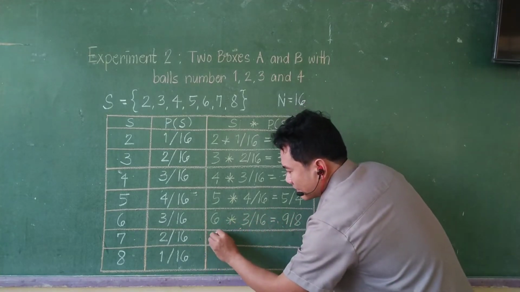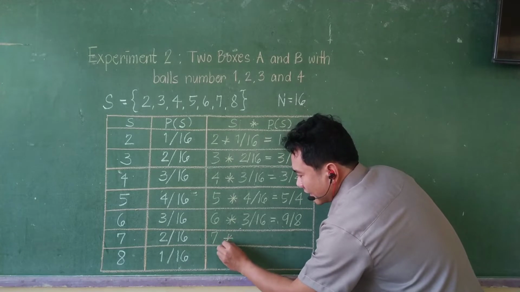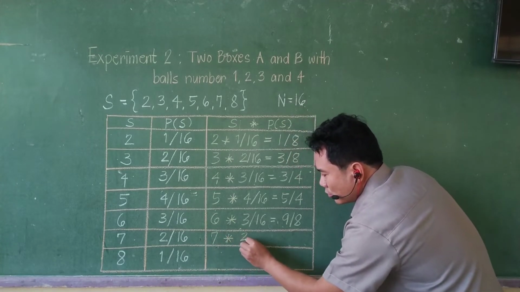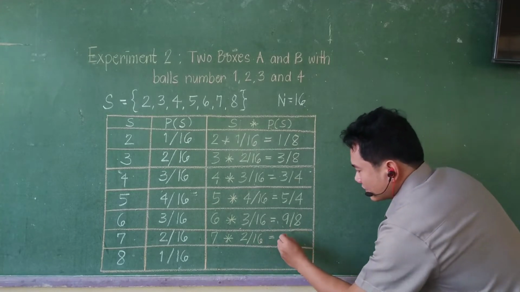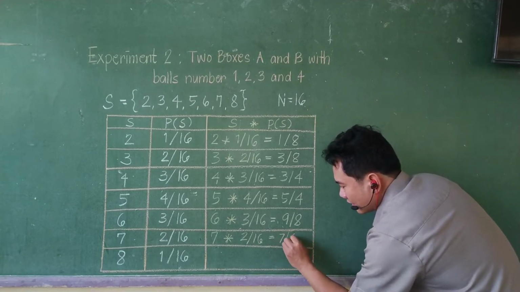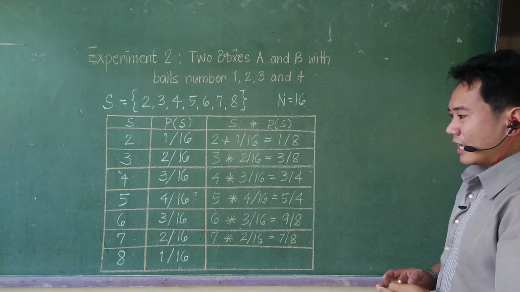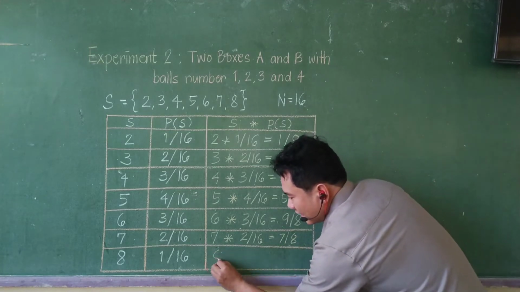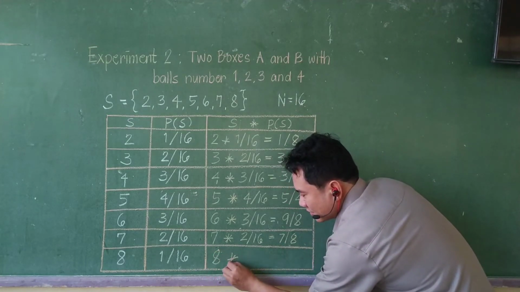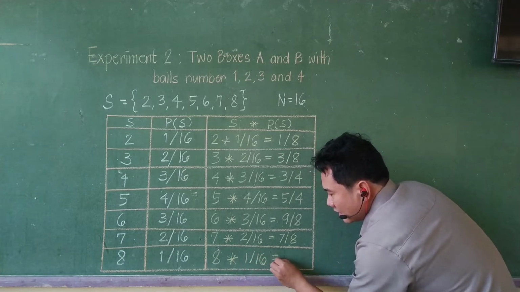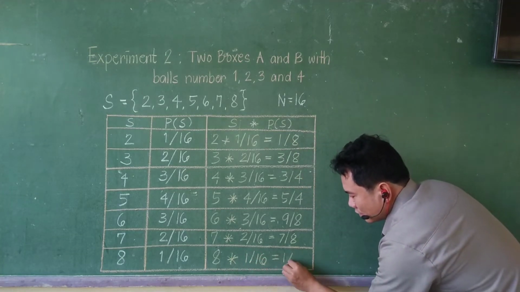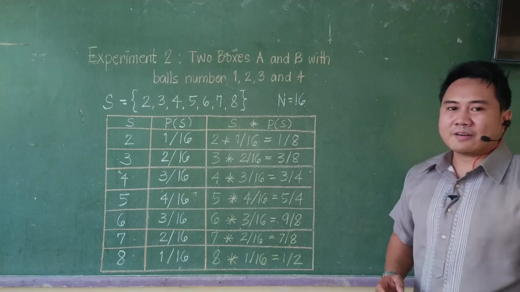Next, 7 times 2 over 16 equals 7/8. And last, 8 times 1 over 16 is equal to 1/2.